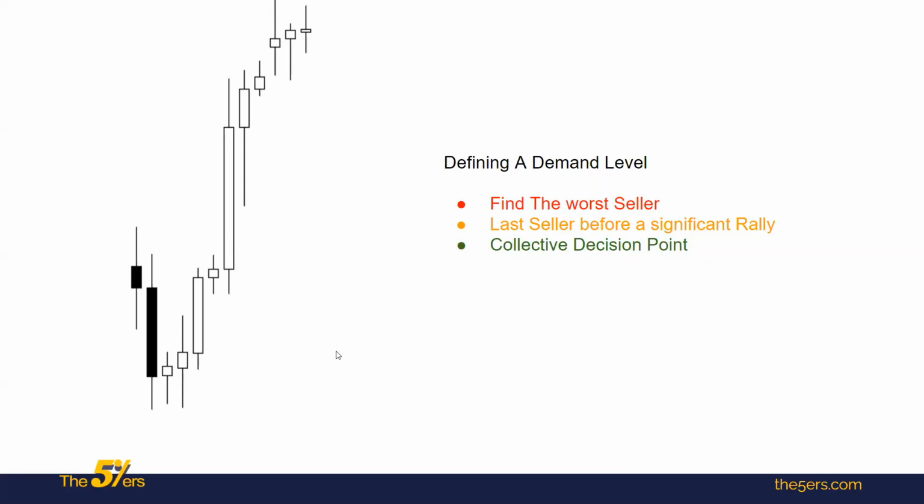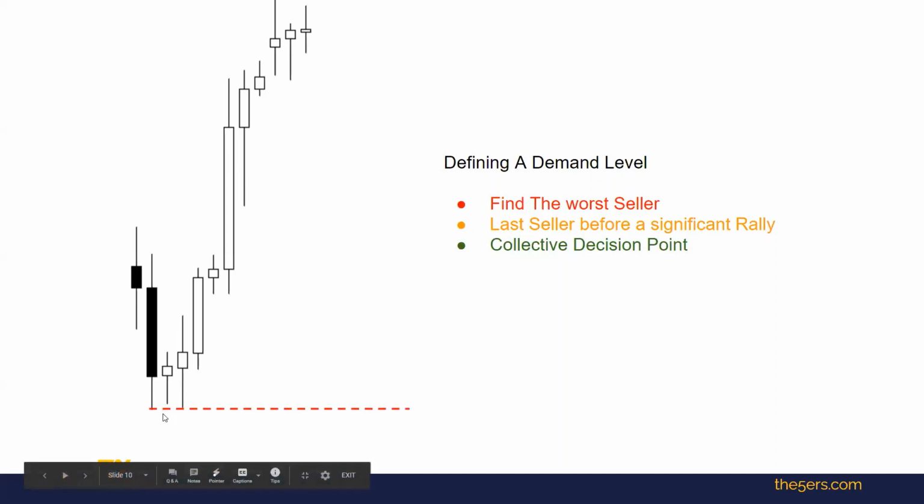Let's find it out. Okay, so we have a drop, base, and rally. Right? We see price going down, ranging for a while. Therefore, we have a balance area. And now we see an imbalance area right here. Let's find out the anatomy of it.